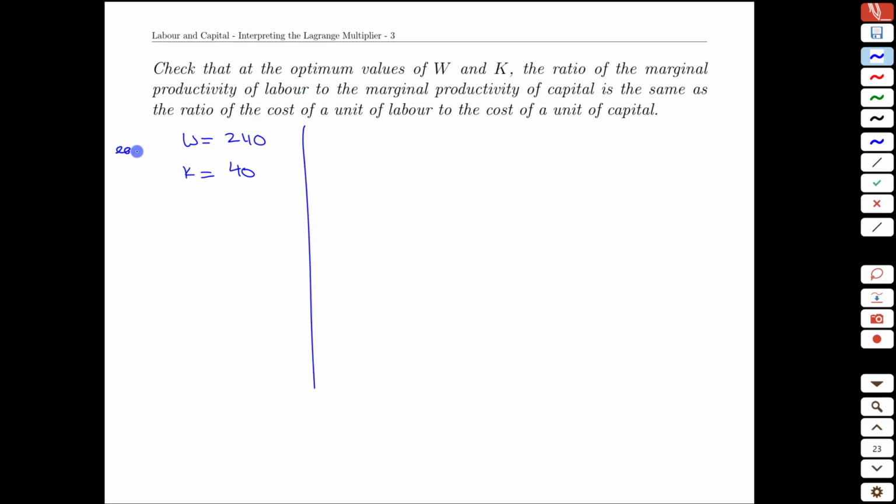Okay, so this is from earlier, but now we're asked to compute things about the marginal productivity of labor, that is Q with respect to workers, and likewise the marginal productivity of capital, that's our partial derivative of Q with respect to K, starting with our function, which was 6 W to the 3/4 K to the 1/4.